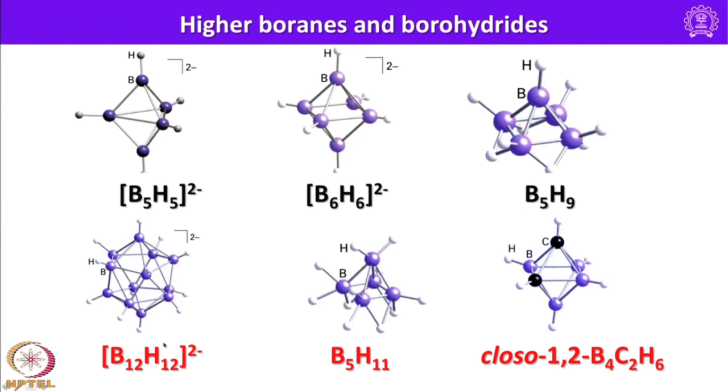And then we have B12H12 2 minus, where the structure is called an icosahedron. I will show you these structures later, and also similarly we have B5H11, and some prefix here, closo 1,2-B4C2H6, which is a carborane. What is this closo all about? I will be elaborating when I start discussing Wade's rules again.